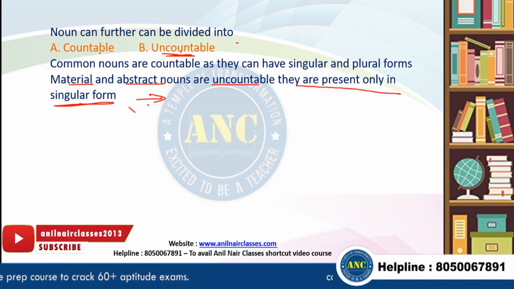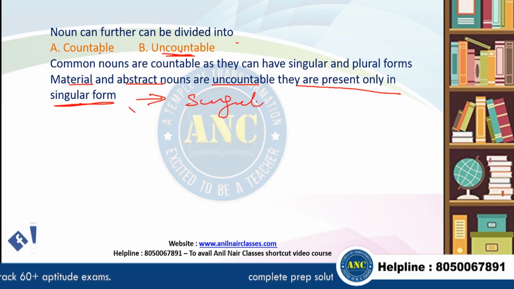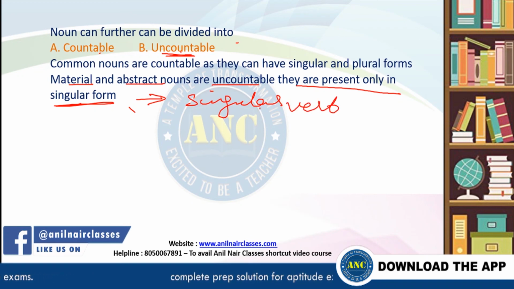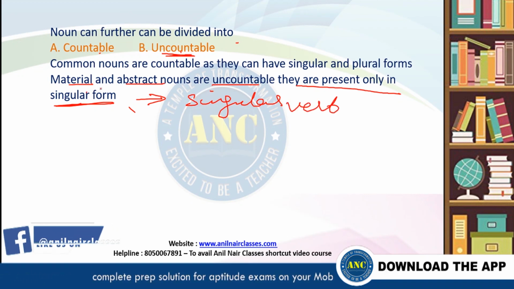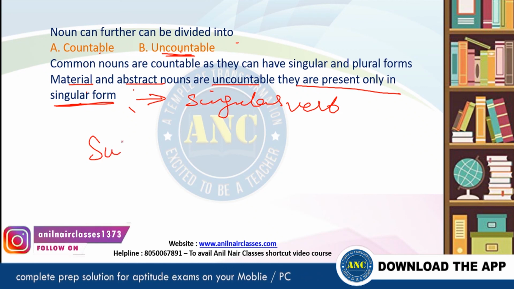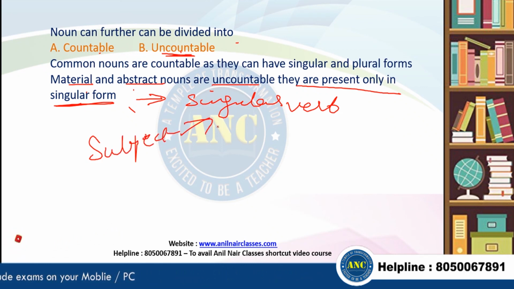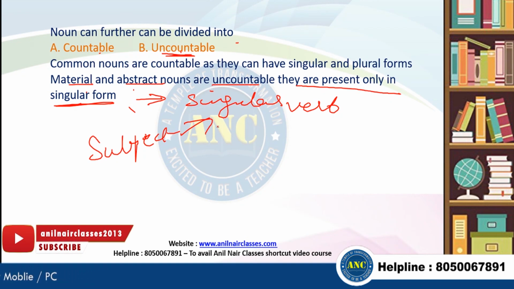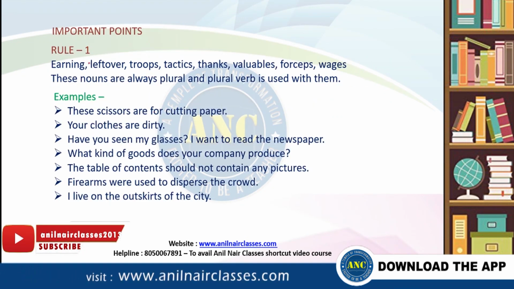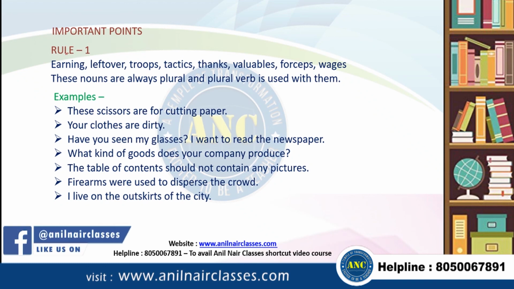So they will always have the singular verb with them, because we have discussed subject-verb agreement. So if material and abstract nouns are functioning as subjects, we'll use only the singular form because they are uncountable. There's no counting. Now some important rules related to singular and plural forms, we will deal with them now.